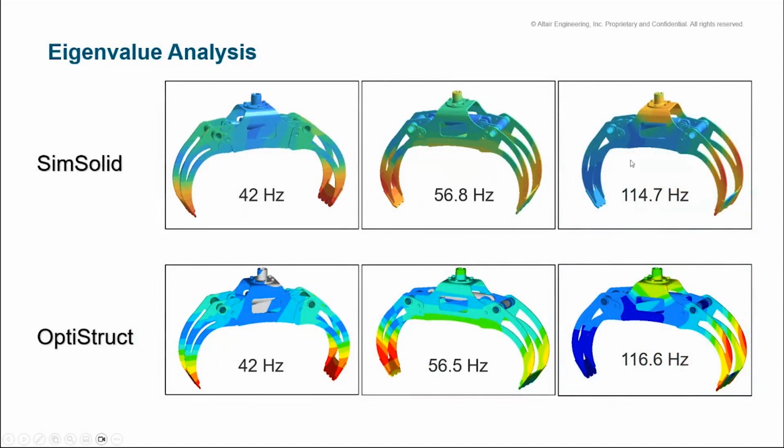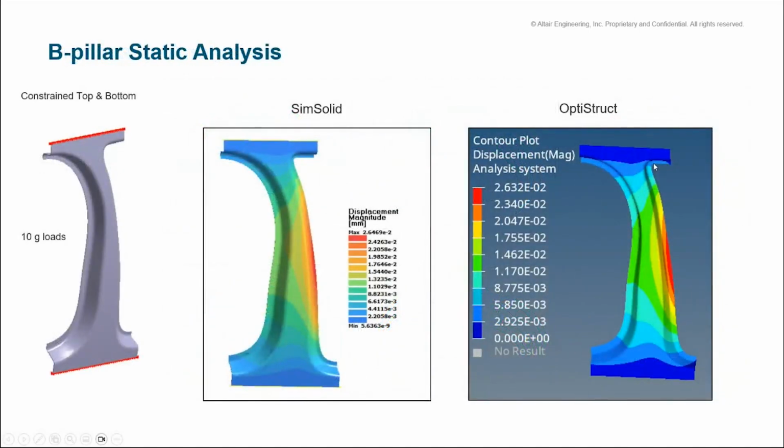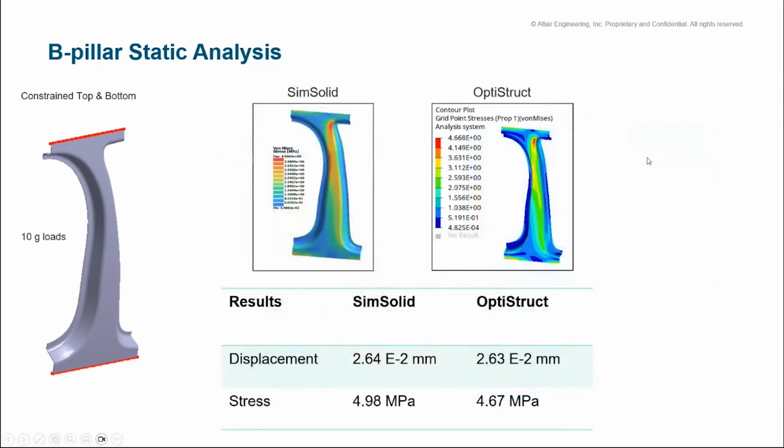Excellent correlation in terms of eigenvalues, your natural frequencies. And then a B pillar static analysis. Here you can see as well with SimSolid and OptiStruct simulations with great correlation. Here you can see the displacements and stresses and the actual contour.